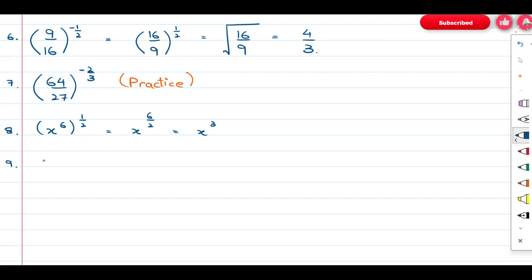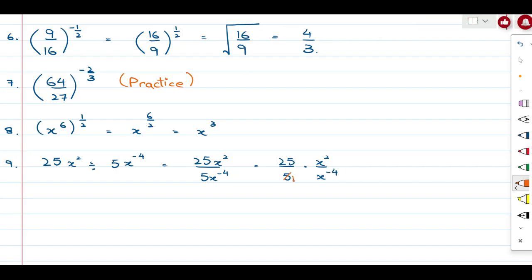Or another one is, if we have 25x squared divided by 5x to the power negative 4. So it's a division question. 25 divided by 5, and we have x to the power 2 over x to the power negative 4.